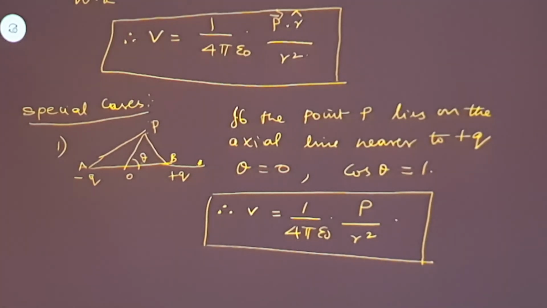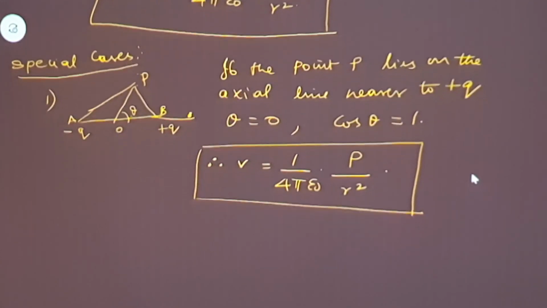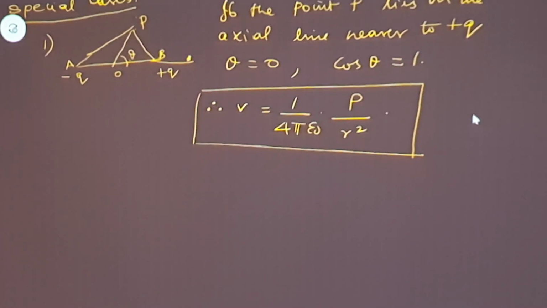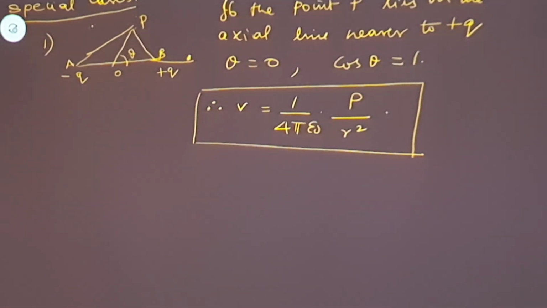What is the second special case? See, the same concept, but now I am going to take the point P along the axial line nearer to the negative charge. What will happen? So let us consider the point number 2.